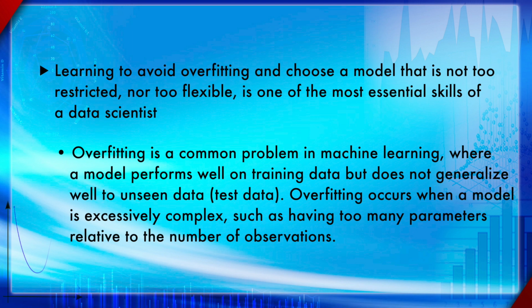Then the model is performing so poorly. This is all because of overfitting, and it occurs when a model is extremely complex, having so many parameters relative to the number of observations. So that is the problem with overfitting.